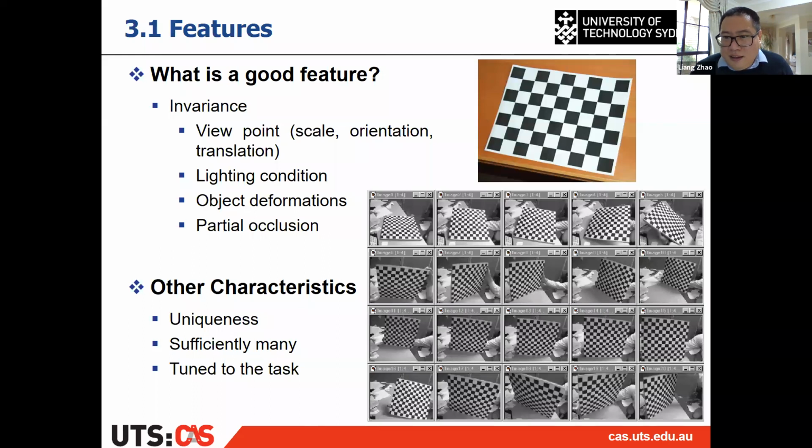The first one is that the feature is better to be unique. The corner is not that unique, but you use the checkerboard because it has distances, it has the relationship between the features already. If you remember when you did the camera calibration, you manually selected 4 points on the checkerboard, and that gives the information about the location and also the orientation, which means the frame of the checkerboard in the image, right?